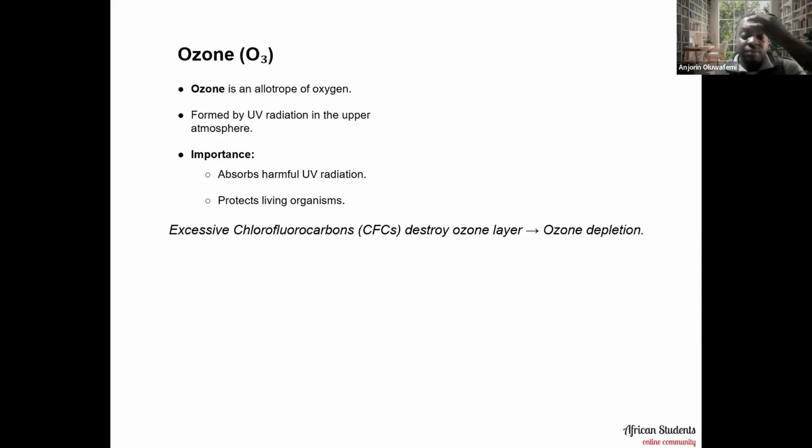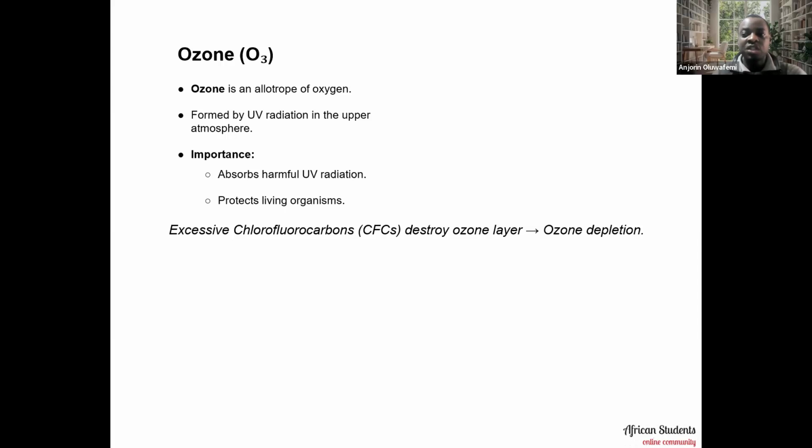So CFCs can be found in refrigerators. They can be found in some of our aerosols or our sprays, and those perfumes and other things that we use. So we must be mindful of the substances that we make use of and their composition so that we don't impact the ozone layer negatively.